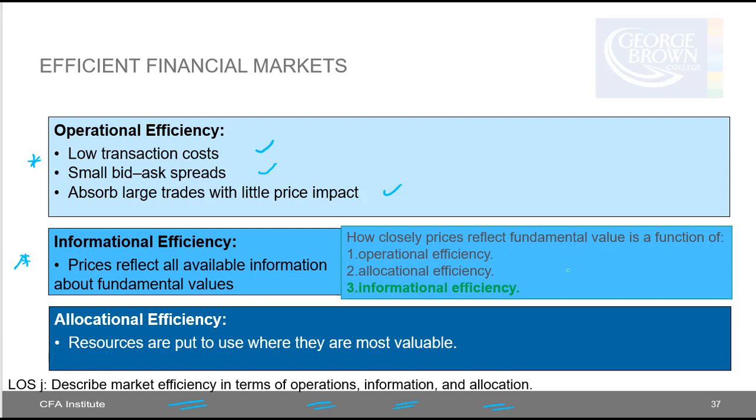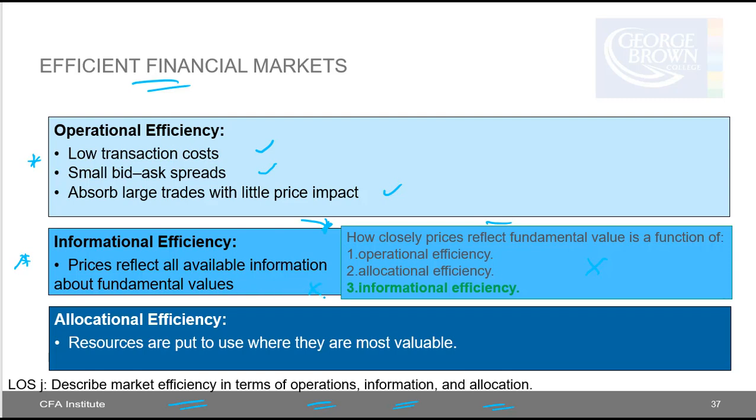I'm not going to end the video with a practice question. I just baked one in here from the learning ecosystem. This was at the difficult level. I just want to show an example of a question with regards to efficient financial markets, okay, and describing efficiency in terms of operation, information, allocation. The question in the learning ecosystem is how closely prices reflect fundamental value as a function of A, operational efficiency, B, allocational efficiency, or C, informational efficiency.